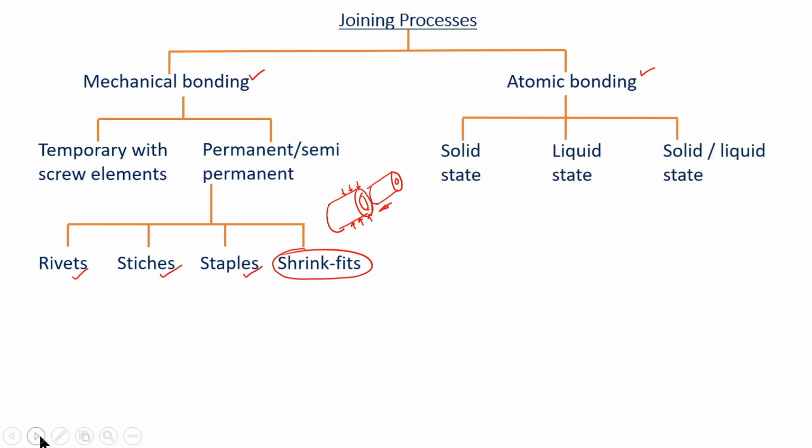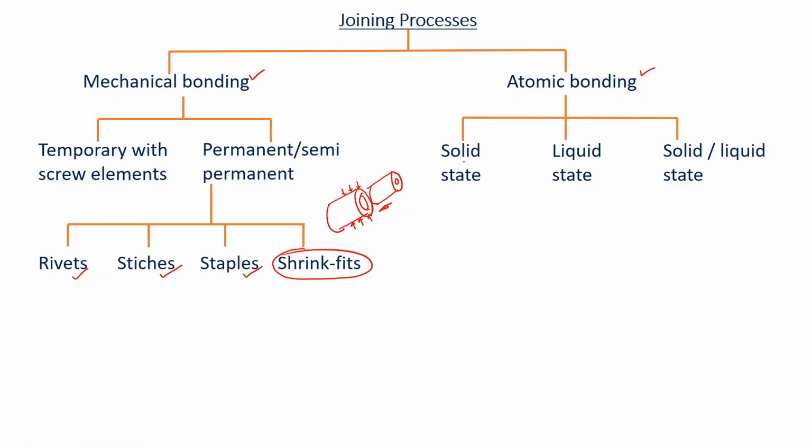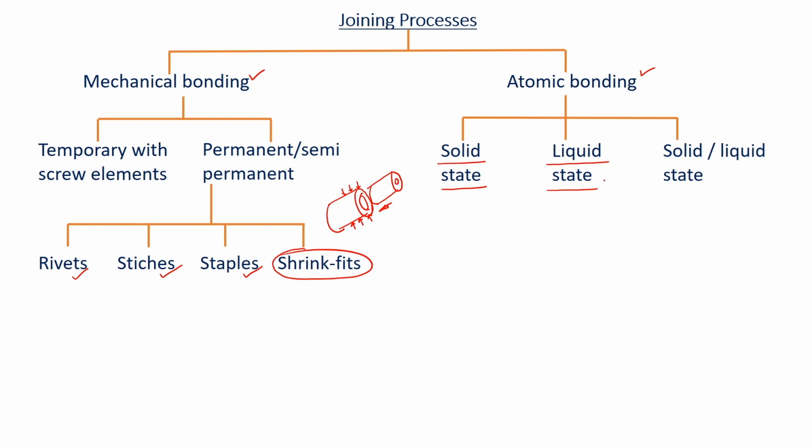In atomic bonding process, the materials are bonded at atomic level. So, that bonding can be carried out in solid state, or we can liquefy the materials that are to be joined by application of energy. That process is called the liquid state atomic bonding, or there may be a process where solid and liquid both the states are present.